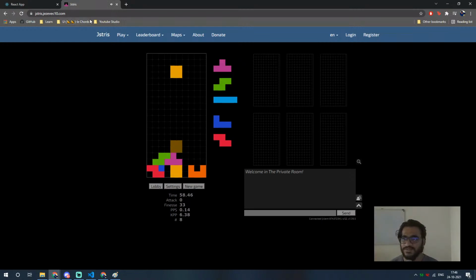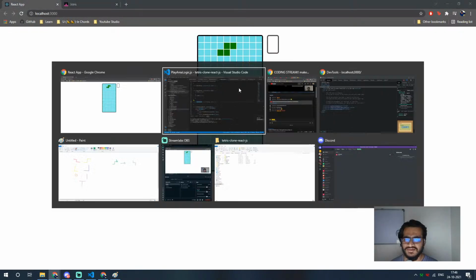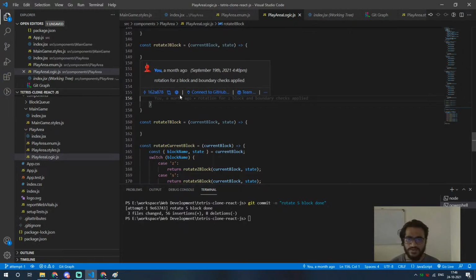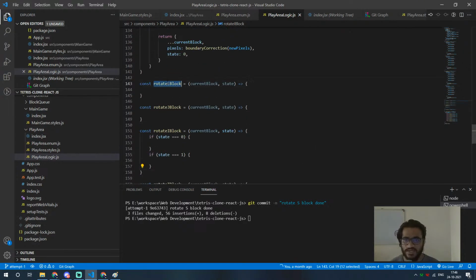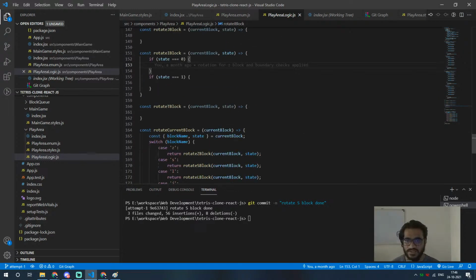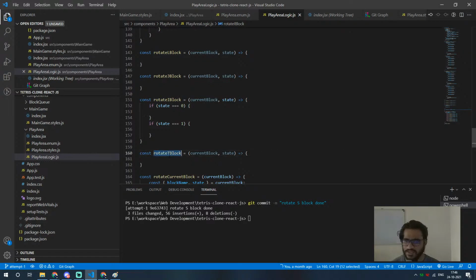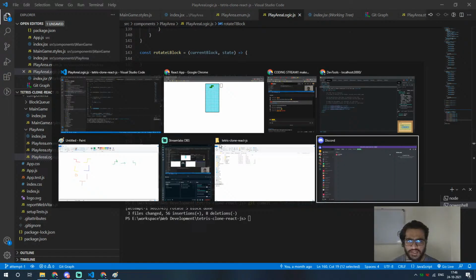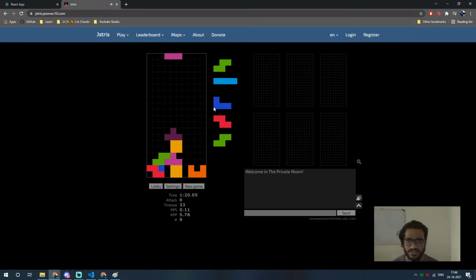So okay, let's keep this. When it comes to L block and J block, there are going to be 4 states.